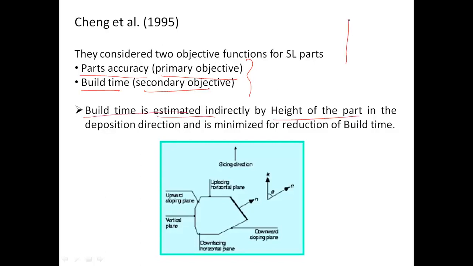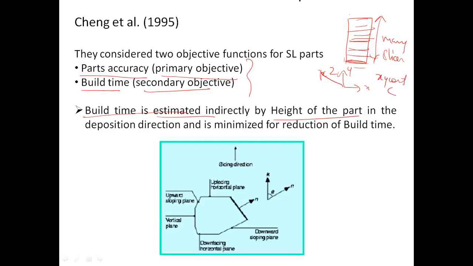Suppose you have a part like this. If you are slicing this part with XY as the slicing plane and this as your Z axis, with minimum support structure, and it is sliced in the Z axis, you have many slices, but the XY contour is less.